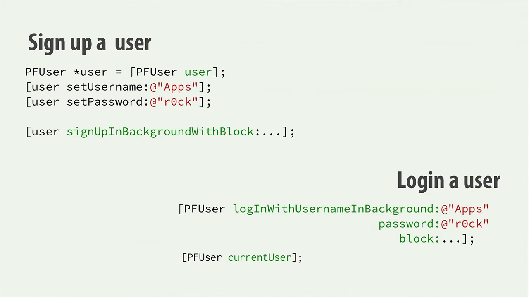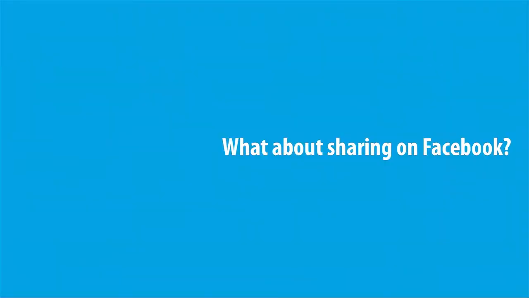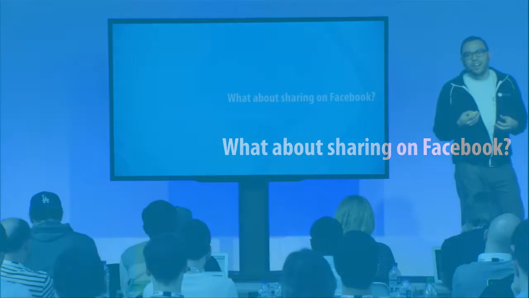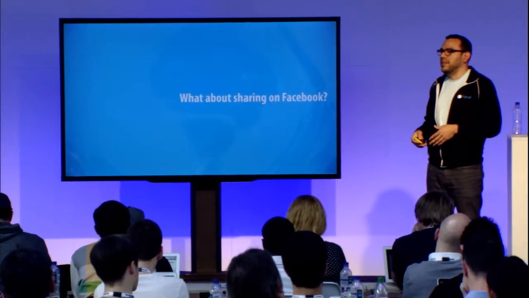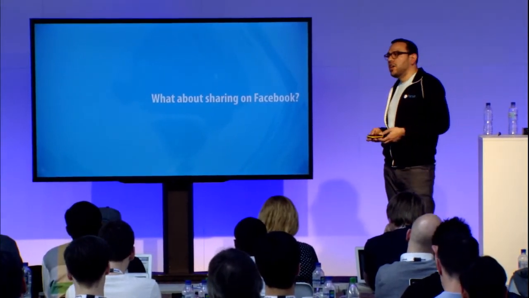So with that out of the way, what about sharing stuff to Facebook? If you wanted to share content from your app to Facebook using the Graph API, you will need to first get the user's permission to talk to Facebook. So you will need a way of linking that user we just saw to their Facebook account.